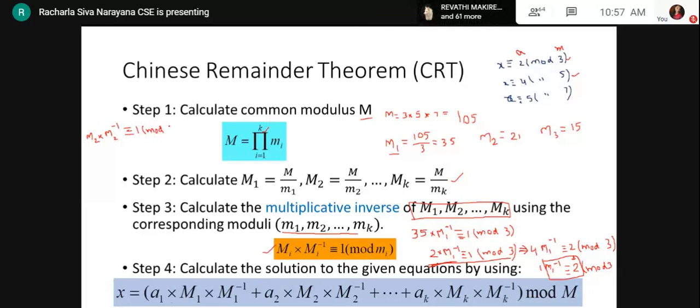Small m2 value is 5. Capital M2 value is 21. So 21 into m2 inverse congruent 1 mod 5.